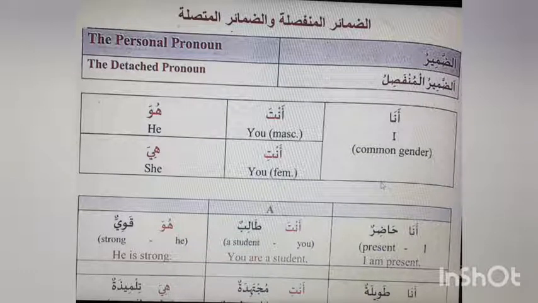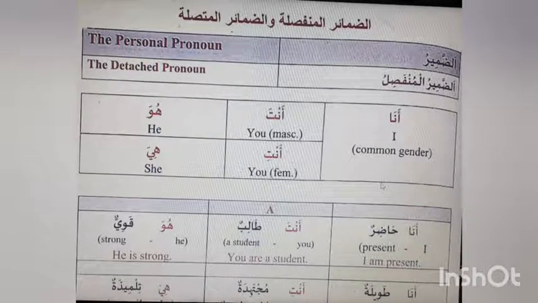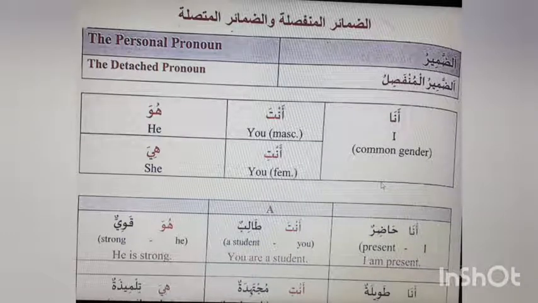But if the second person is not masculine, it is feminine, meaning the second person is a female, then you will say anti. So anti is used for second person feminine. In English we don't have this issue. We use you for both male and female. But in Arabic we use anta for masculine and anti for female.